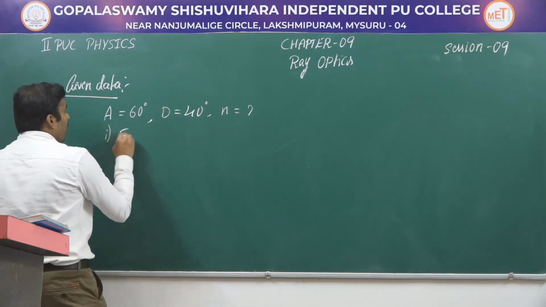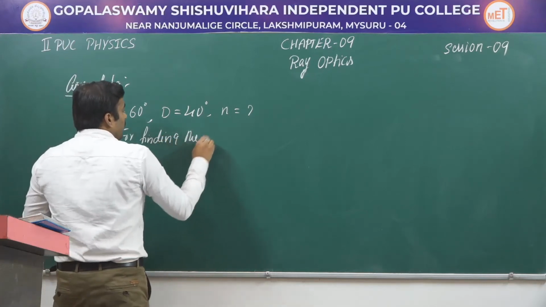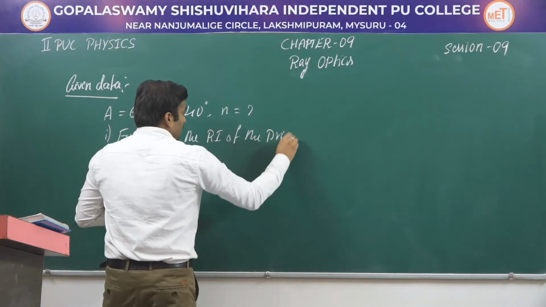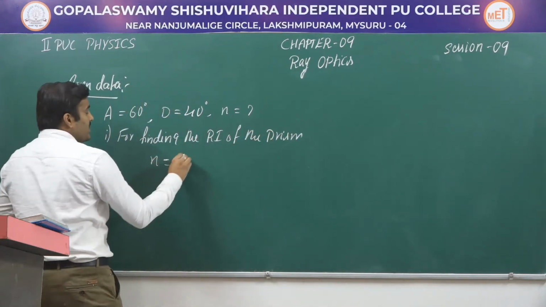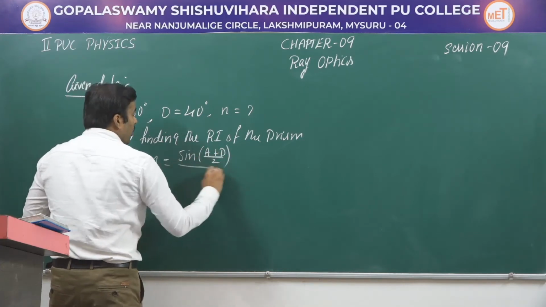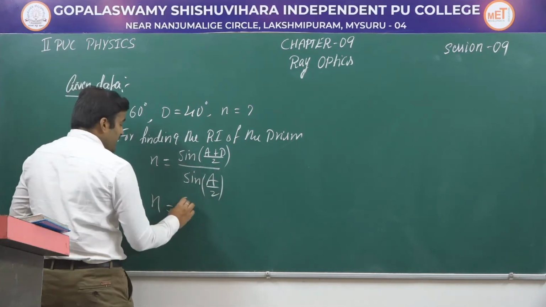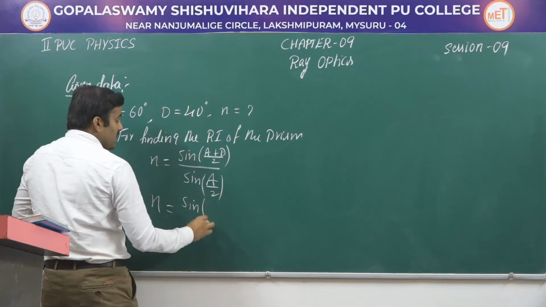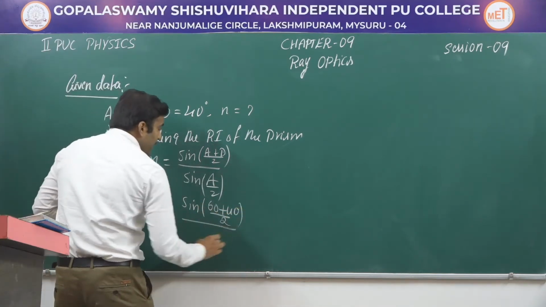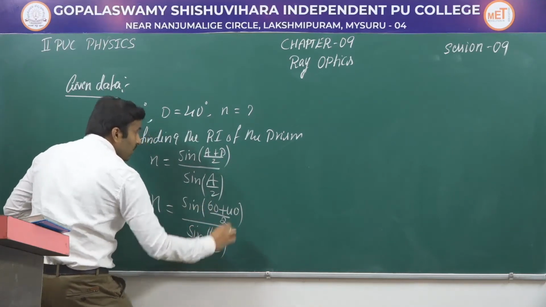So first, for finding the refractive index of the prism, we'll be using the same formula. N is equal to sine of A plus D by 2 whole divided by sine of A by 2. Let us substitute the values.